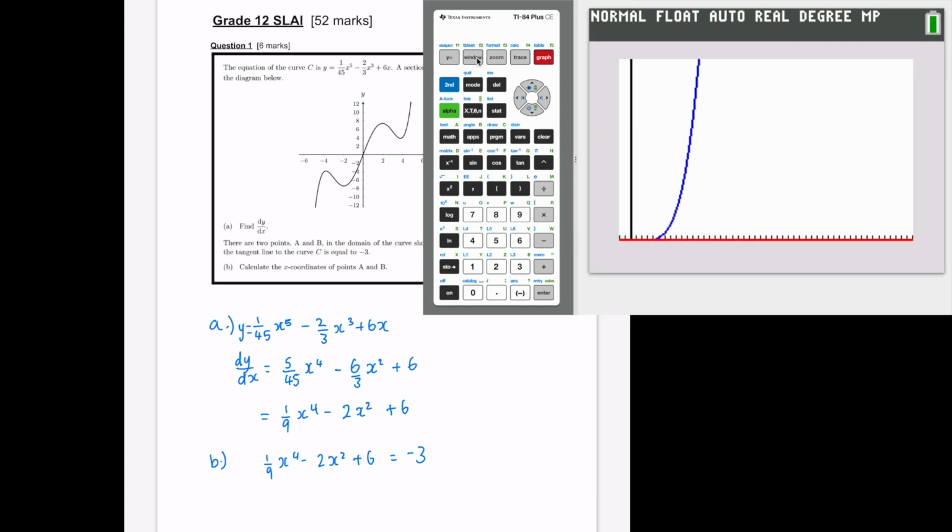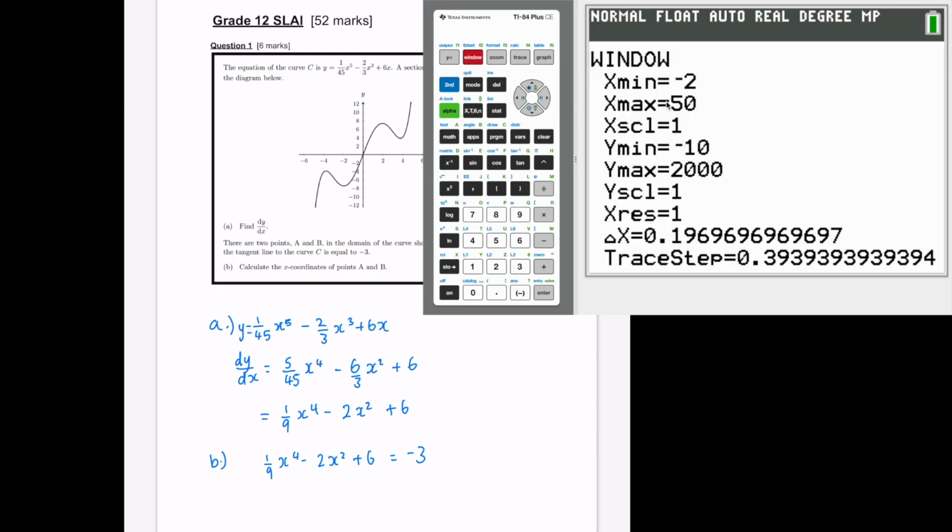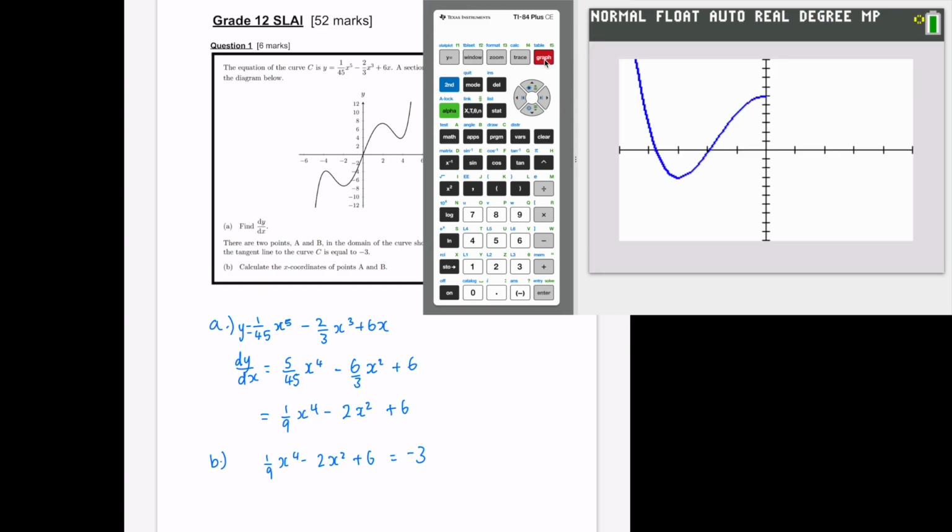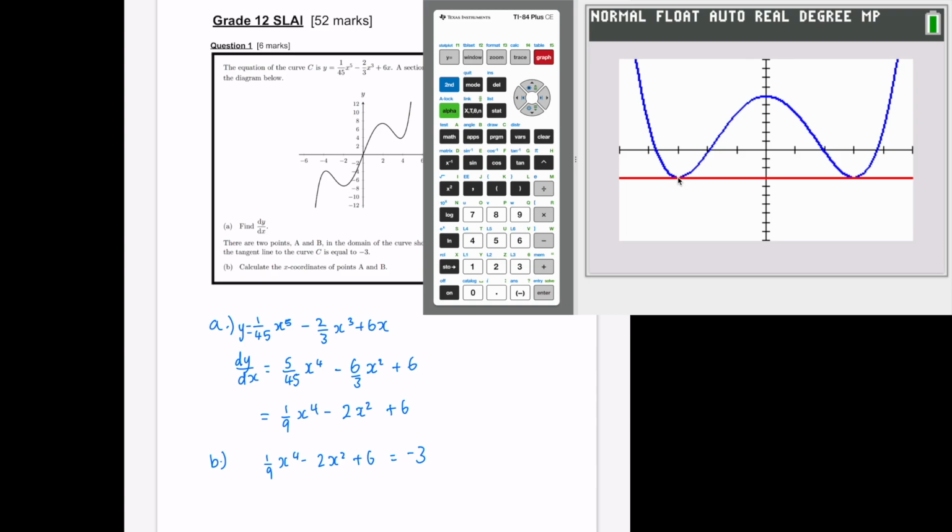Okay, and if I just change my window here, -5 to 5, and my y-axis. So I've changed my axis, and now you can see what this looks like.